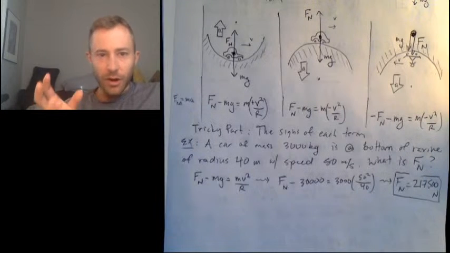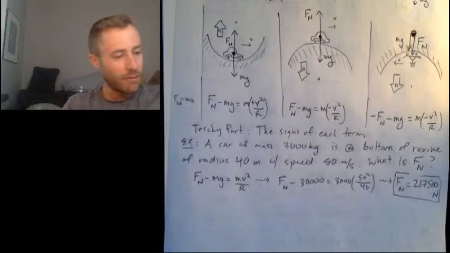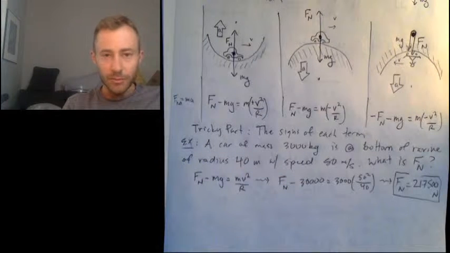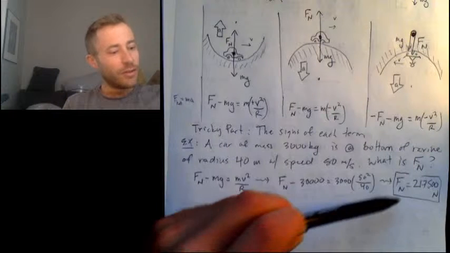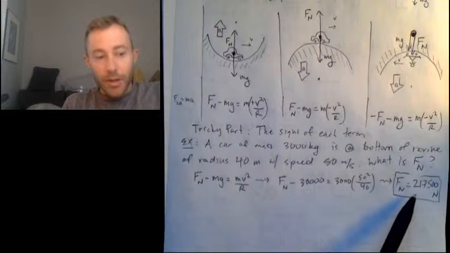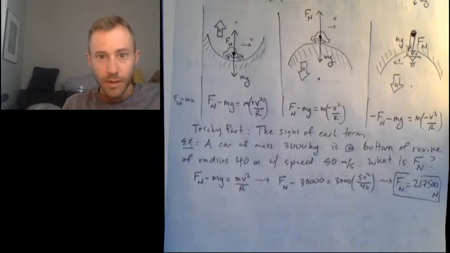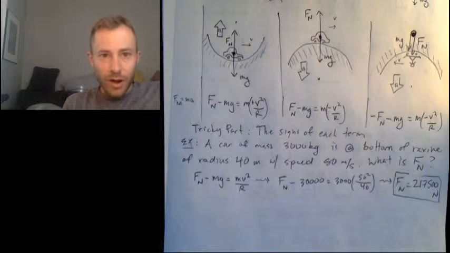But because this car is at the bottom of a ravine and it's moving at a pretty large speed, 50 meters per second, that's over 100 miles per hour, the car actually feels a normal force not of 30,000, but of 217,000 newtons. So this is what I was talking about.